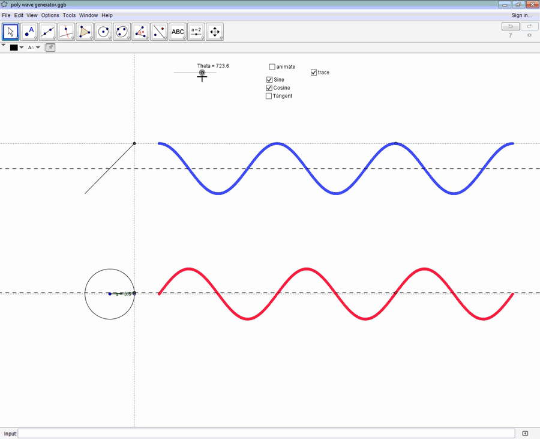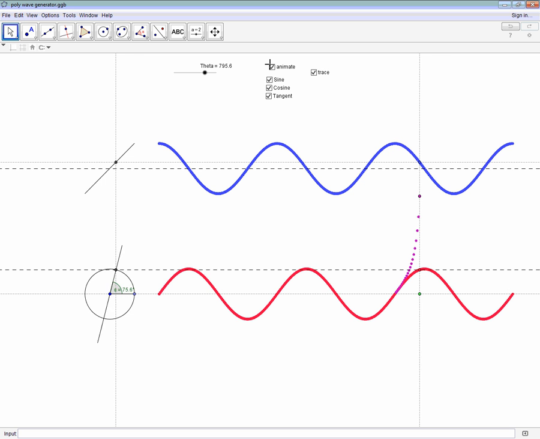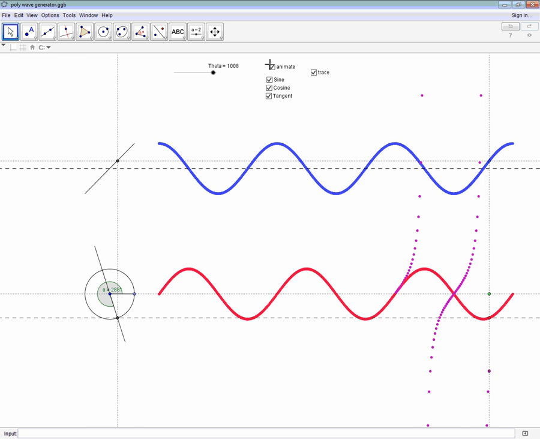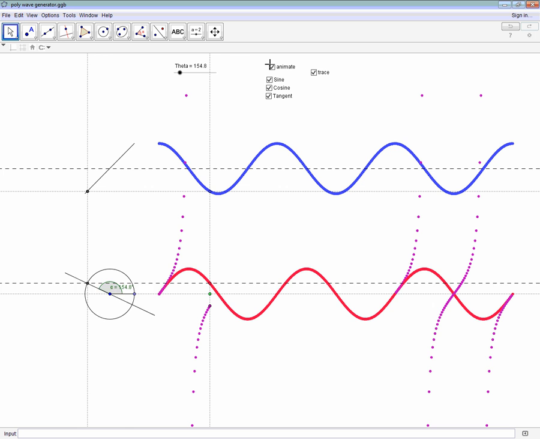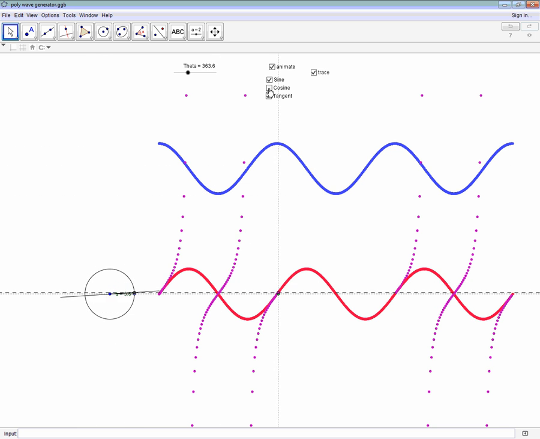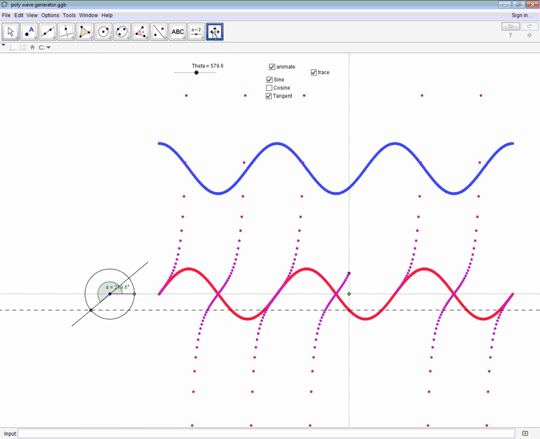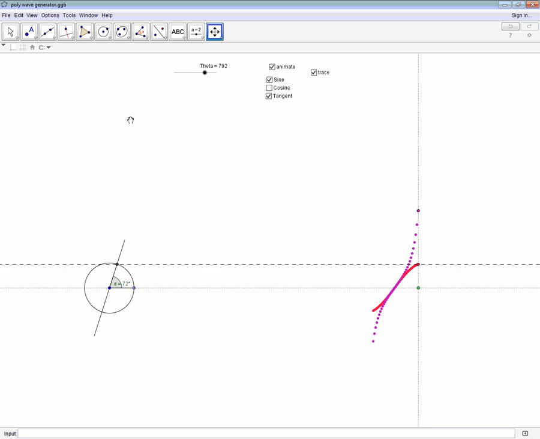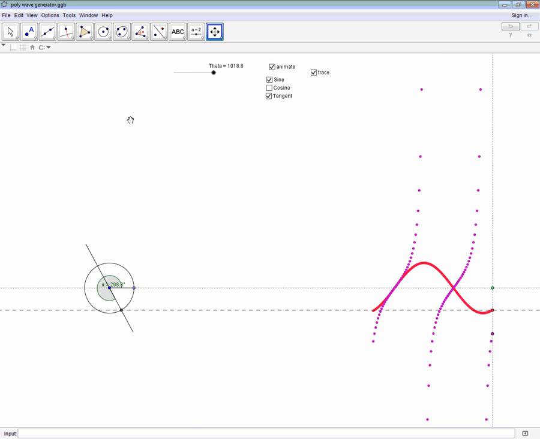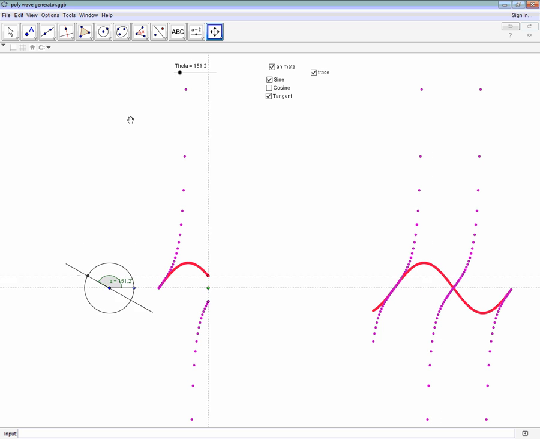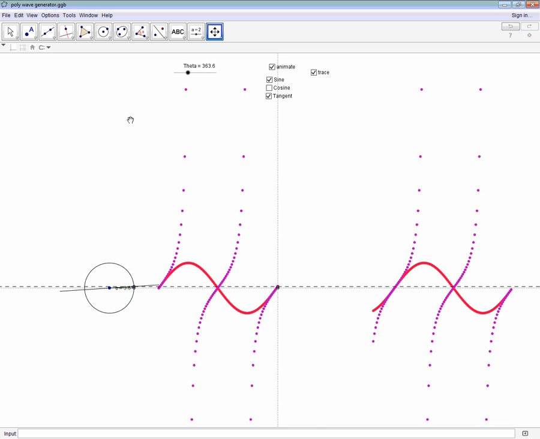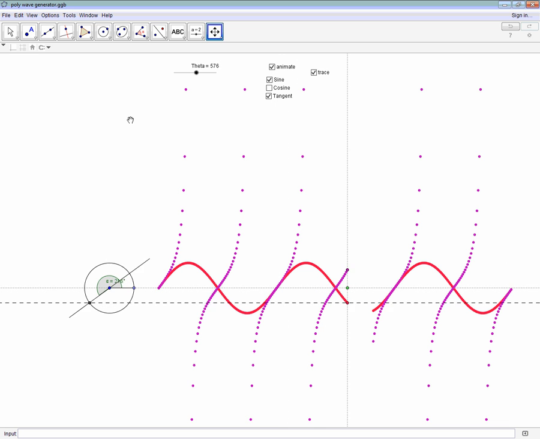Okay. Tangent is goofy. And turn cosine off. Take a look at sine and tangent and how they behave together.